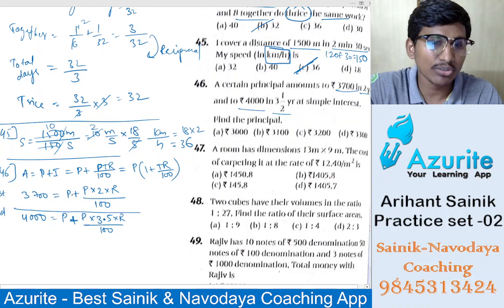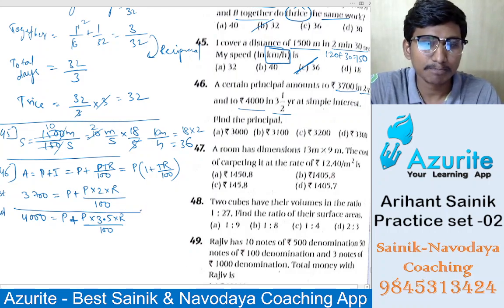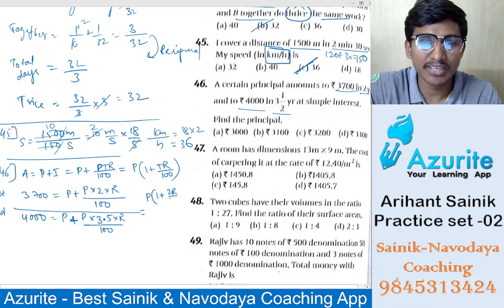So here I will do some changes. Okay now? Yes. So here P into 1 plus 2R divided by 100, and then here also P into 1 plus 3.5R divided by 100.